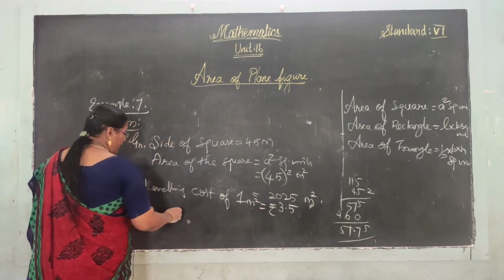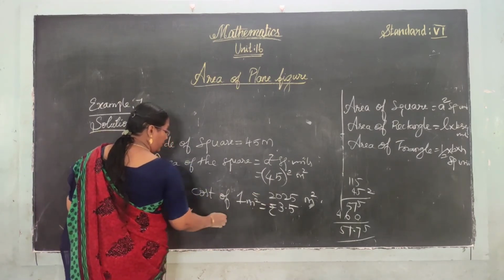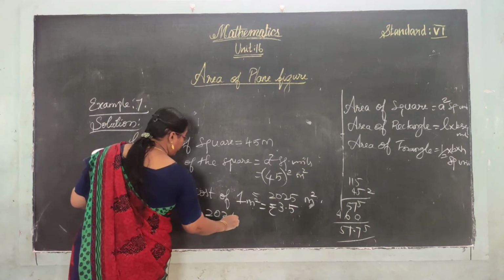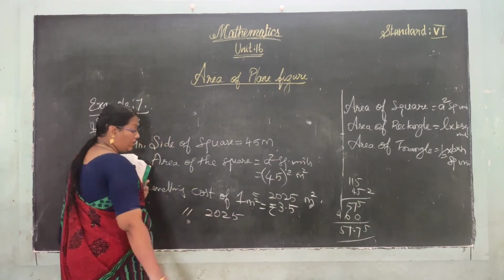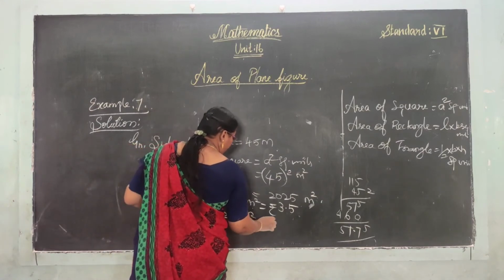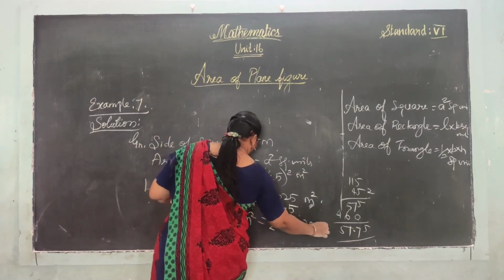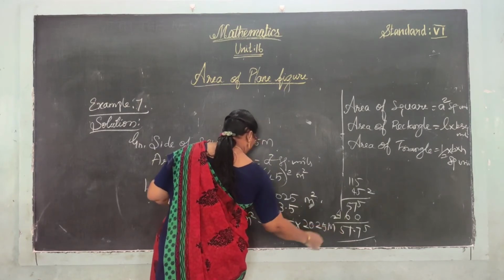Okay, now we have to find the leveling cost of how many meters? 2025. 2025 meter square is equal to, we have to multiply 3.5 into 2025 meter square.